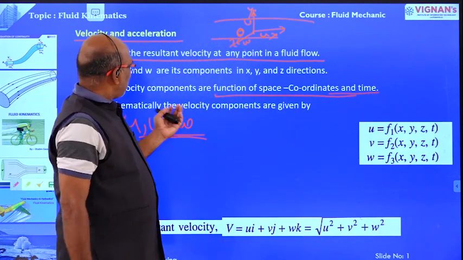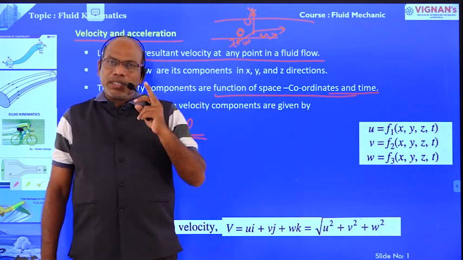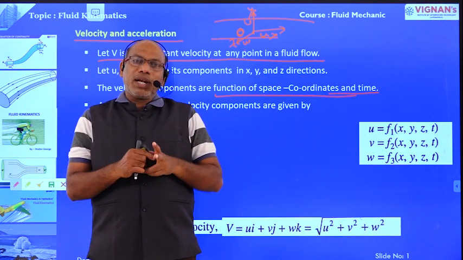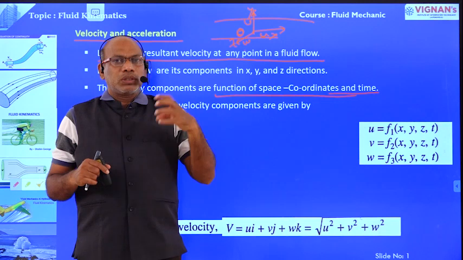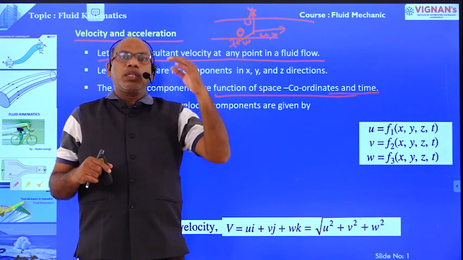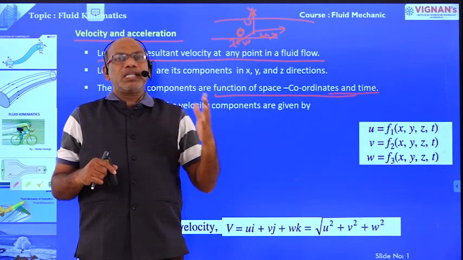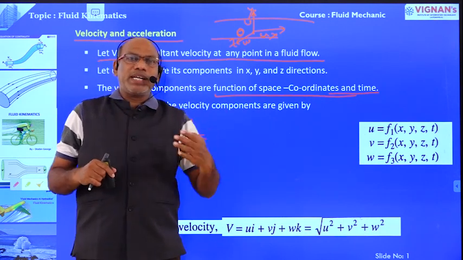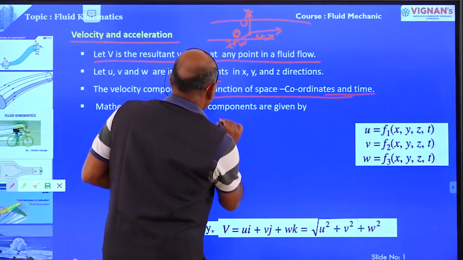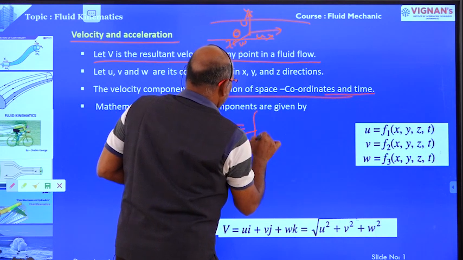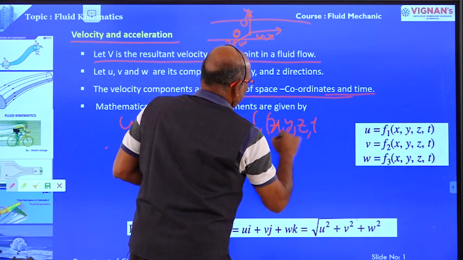Mathematically, the velocity components are given as follows. Already I have explained in the last class what one dimensional flow, two dimensional flow, and three dimensional flow are. In the case of three dimensional flow, the flow parameters velocity, pressure, and density vary with respect to the x direction, y direction and z direction. Therefore, the velocity u is a function of x, y, z and t.